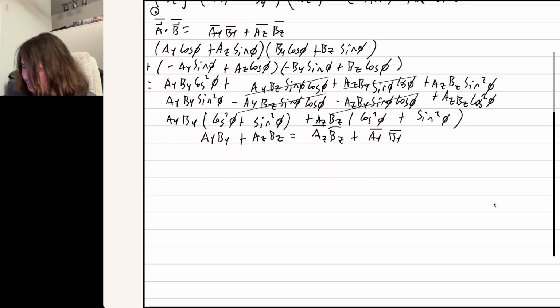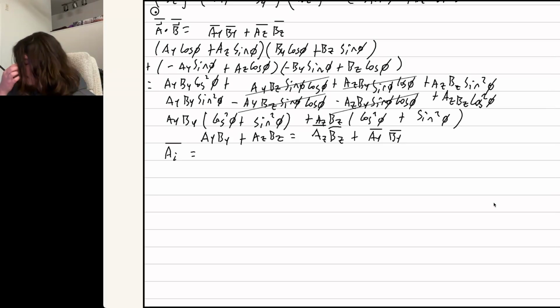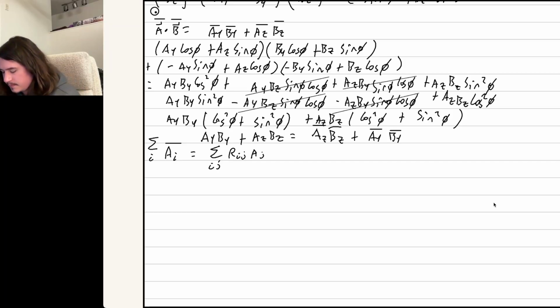So if you rotate a vector A, summing over i and j, the tensor Rij Aj, right? You have a vector A, then when you rotate it, you're just multiplying it by the rotation matrix.